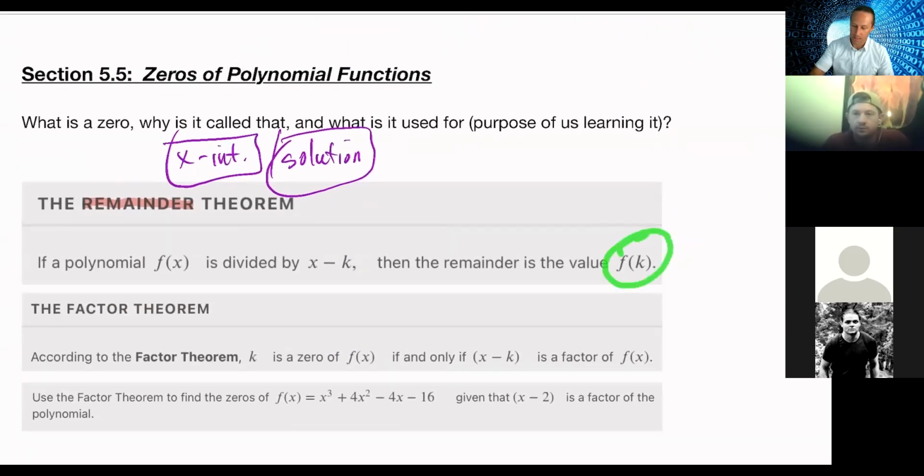You could just plug in the opposite of that k to your function and see if it's hopefully 0. And if it is, then guess what we get to call it instead of the remainder theorem? The factor theorem. Very good. Because if it's equal to 0, then what?